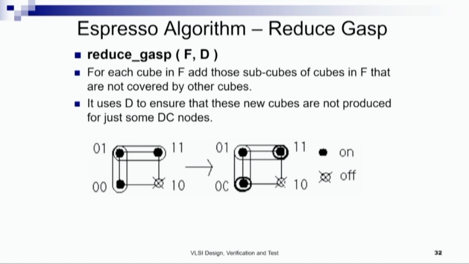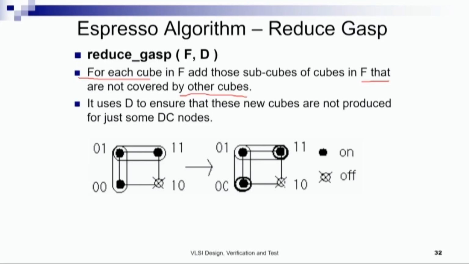For each cube in F, add those subcubes in F that are not covered by other cubes. So what do we have in F? The current solution is present in F. The current solution is the current set of implicants which cover the onset of the function.